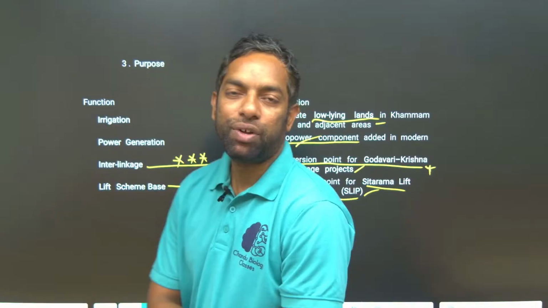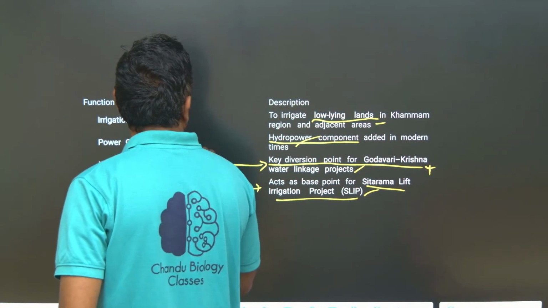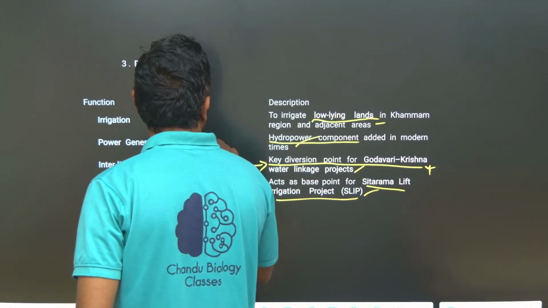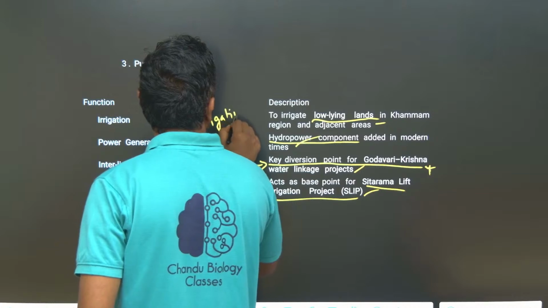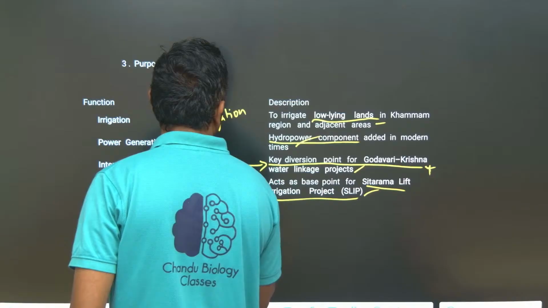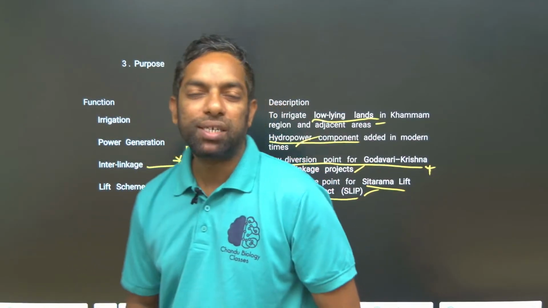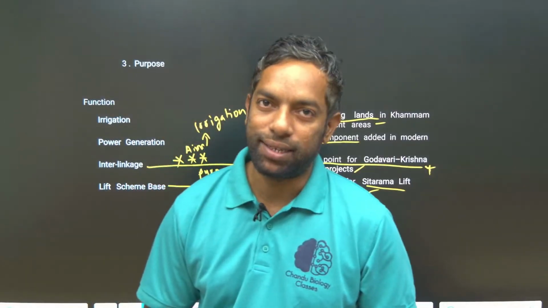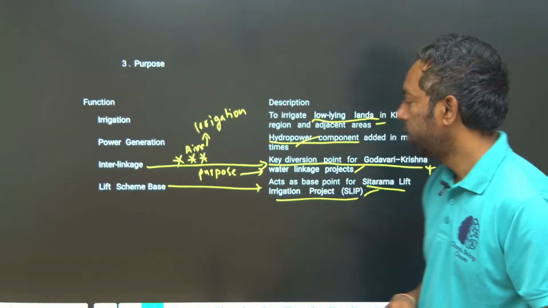The aim is irrigation, and the purpose is the linkage of projects between the Godavari and Krishna. This is the main aim of the Dummagudem project.